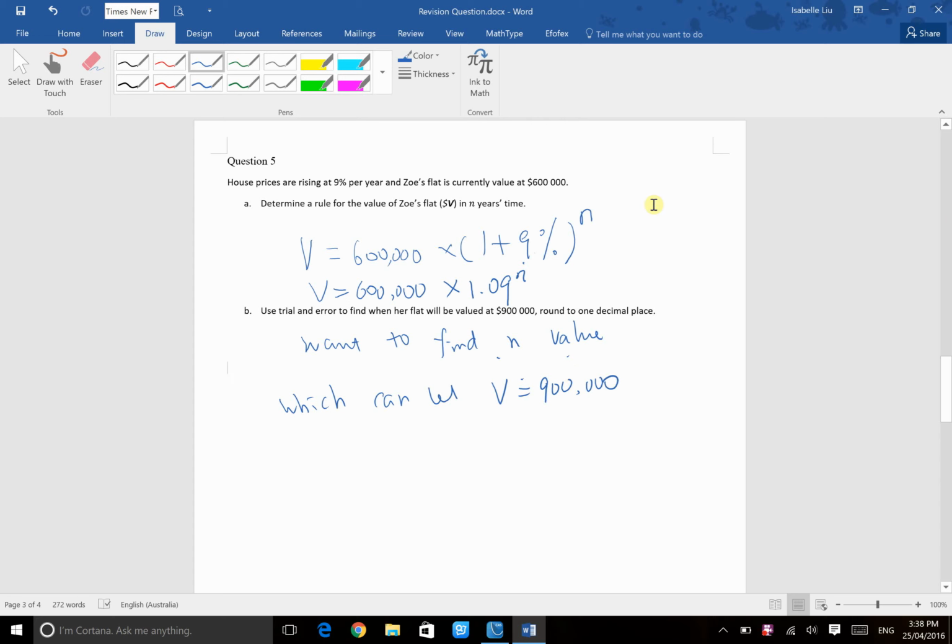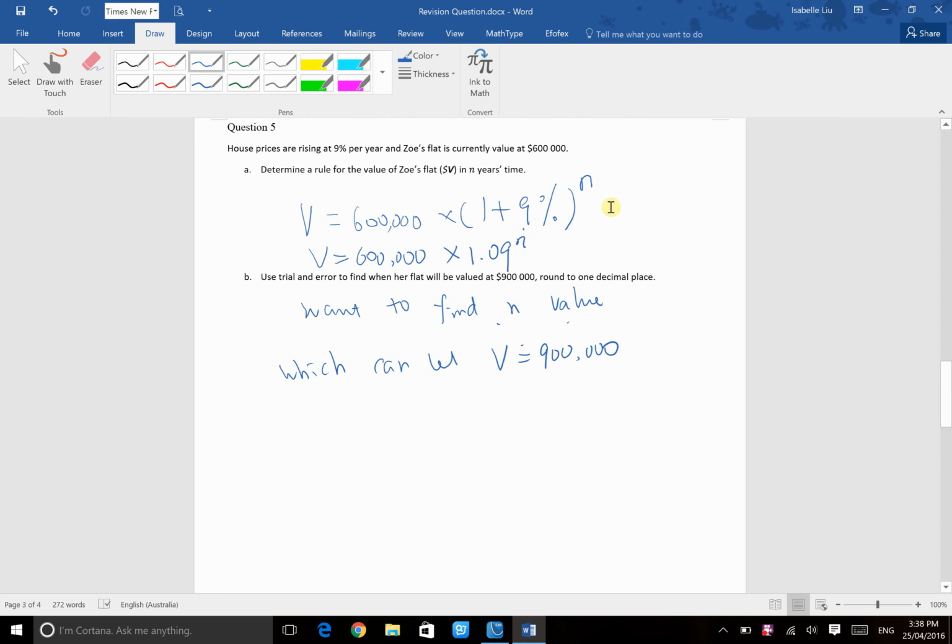So I want to try an n value that can make my V equal 900,000. Trial and error means I try different values of n to find out this V value.